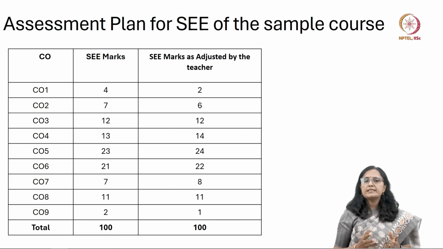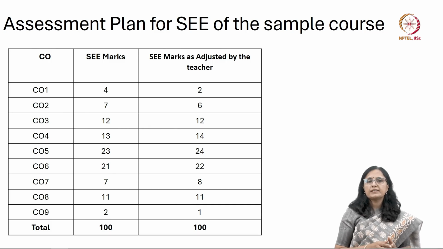Now, as teachers, you might also choose to make some adjustments. Not a huge adjustment, but based on the nature of course outcomes or the kind of internal assessment or CIEs that you have conducted, you can modify the marks allocated to every course outcome, but it should lie in a similar range.